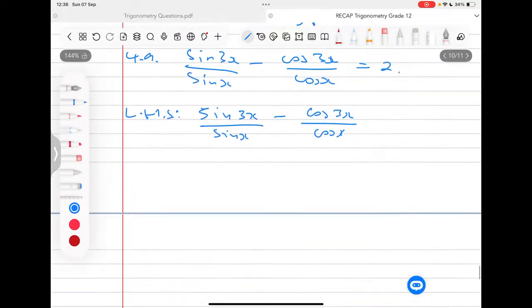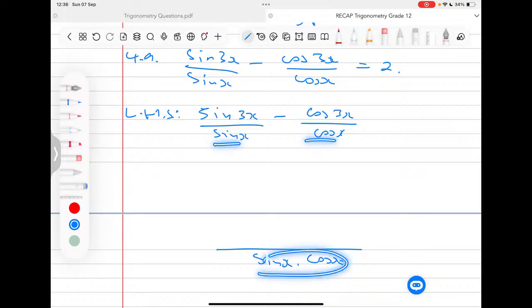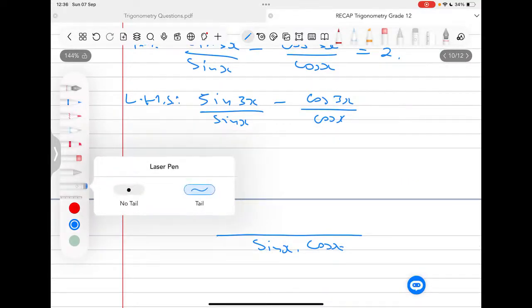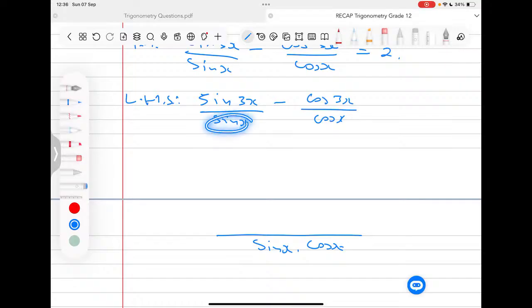Now here we are going to take the LCM. My LCM is the product of these two, the product of our denominators. Now with this LCM, what we do is we divide it into each term.